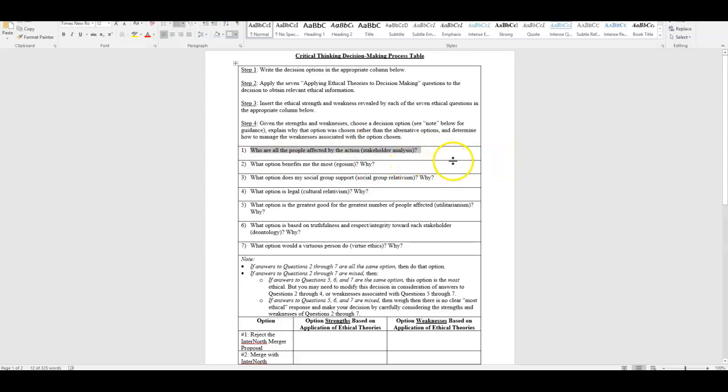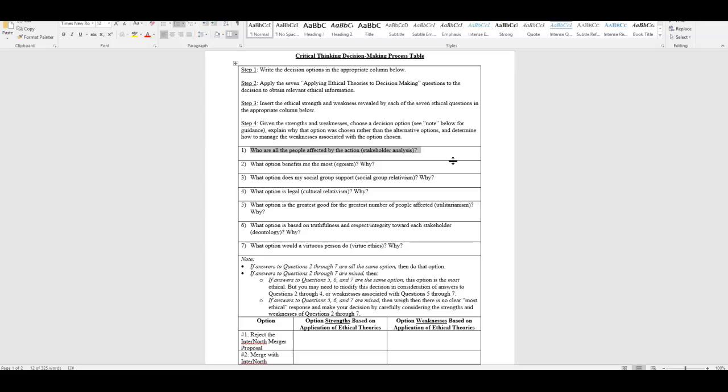who are all the people affected by the action? Well, this is going to impact you. You're Ken Lay. You might lose your job in this because this merged company only needs one CEO, and you're only 1/3 the size of Internorth. It also impacts Internorth. It impacts shareholders of both companies. It impacts Omaha, where Internorth headquarters is located. It impacts Houston, where your headquarters is located.